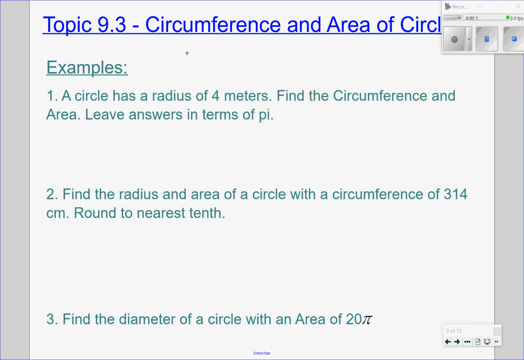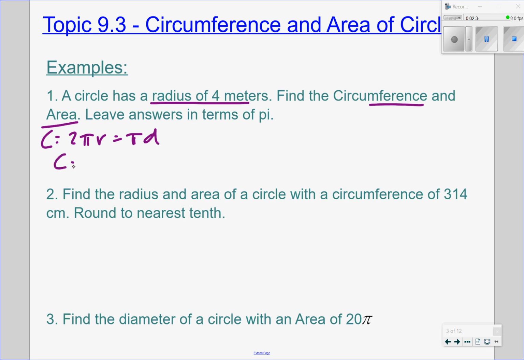In this first example, we have a circle with a radius of 4, and we're going to find the circumference and the area of this circle. So remember, circumference is equal to 2 times pi times the radius, or pi times diameter. And for those of you who forget, the diameter is just 2 times the radius.